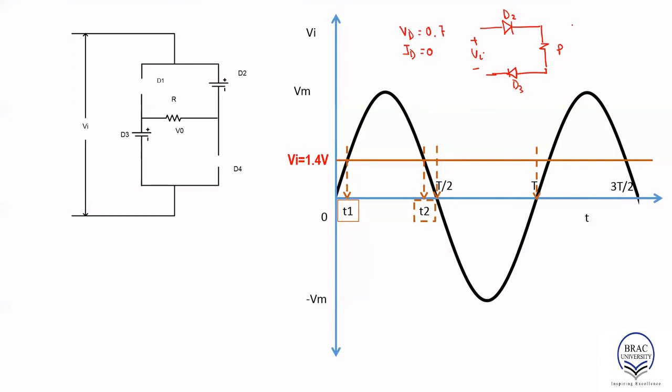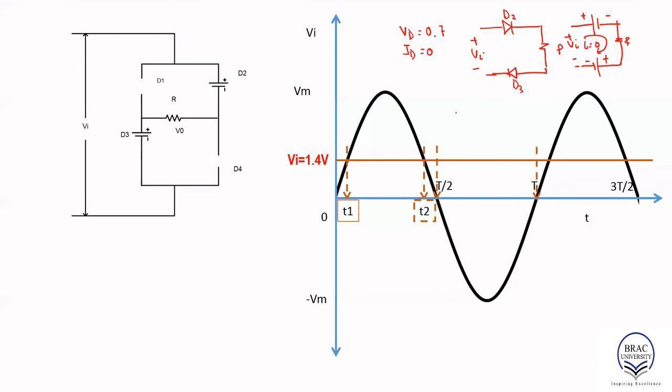So if we redraw the circuit for transition, Vi, plus minus, plus minus, plus minus, R, and let's say the current is I, which we know is 0.